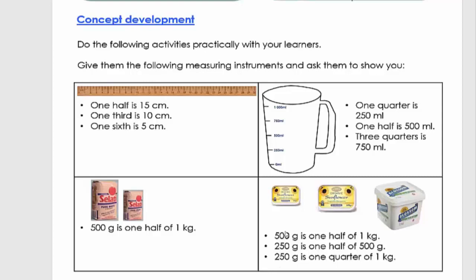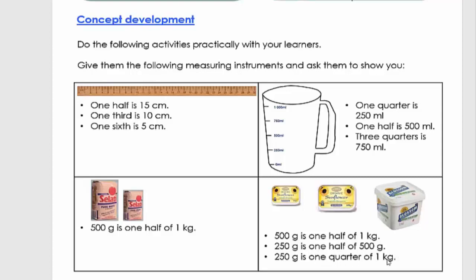And then we're going to say 500 grams is 1/2 of a kilogram. Then 250 grams is 1/2 of 500 grams. And lastly, 250 grams is 1/4 of 1 kilogram.